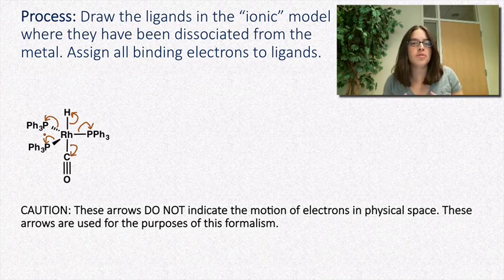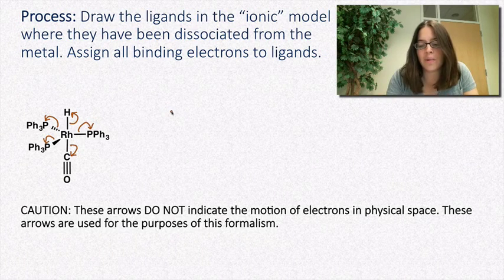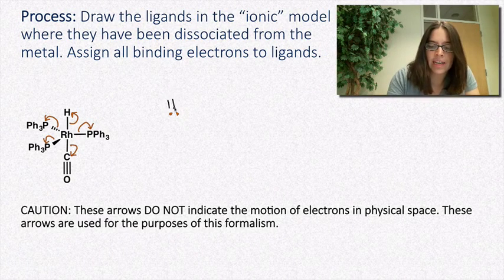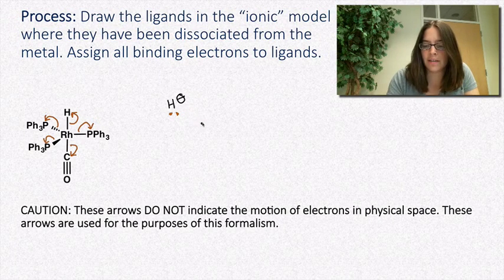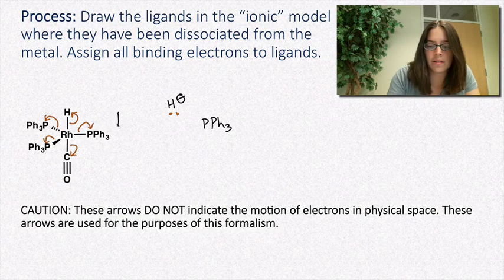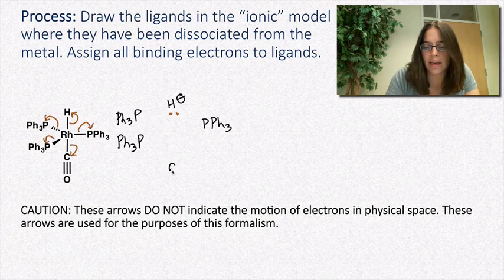These arrows are used for the purposes of this formalism only. And what do they suggest? Well, they suggest that we're going to have a hydride depicted, a series of phosphines, and some carbon monoxide.